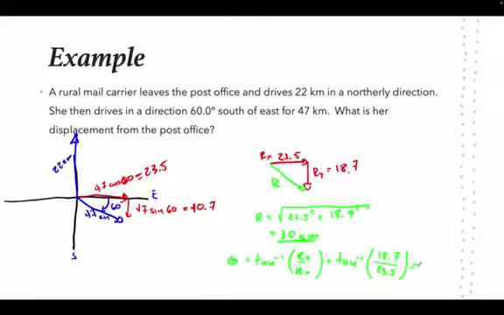So in this case, the angle would be 38.5 degrees south of east. And this will be the magnitude. Yeah?